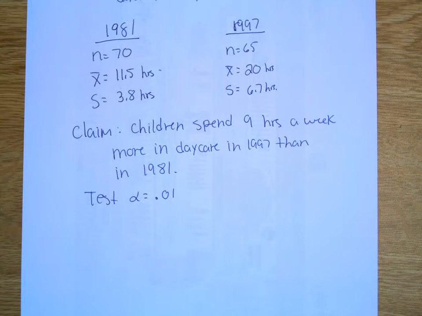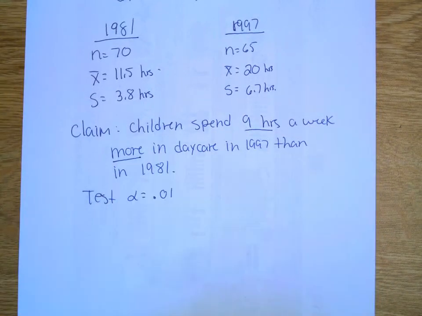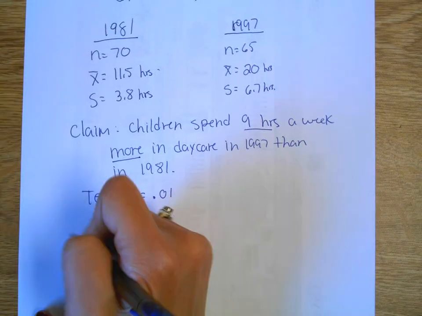So what they're telling me, when they tell me that they spend 9 hours more, that means the difference between the two is 9 hours. Are they saying it's more than 9 hours, or are they saying it is 9 hours? It is 9 hours. So, the claim.